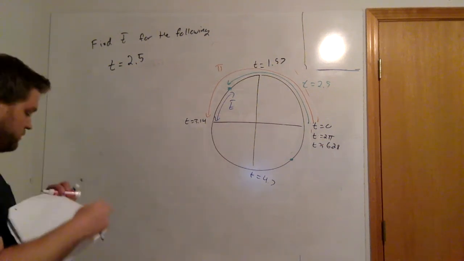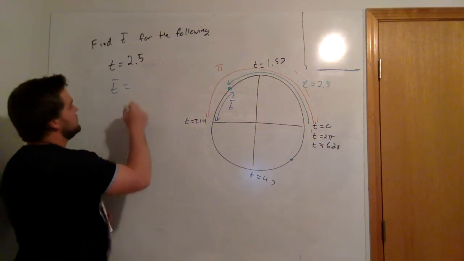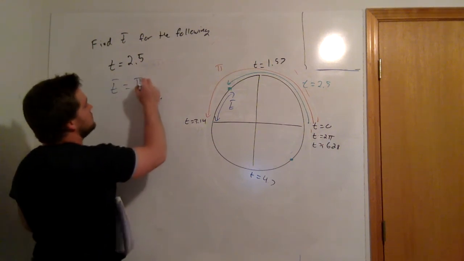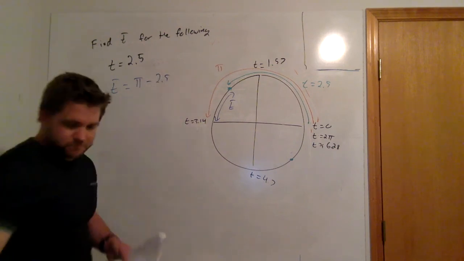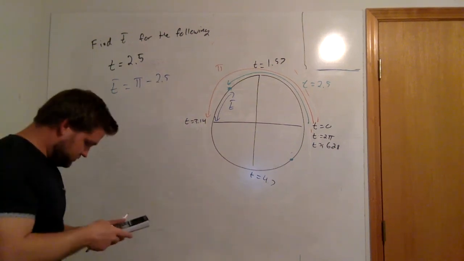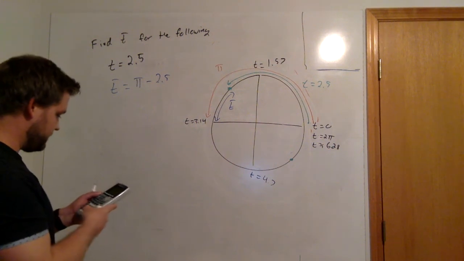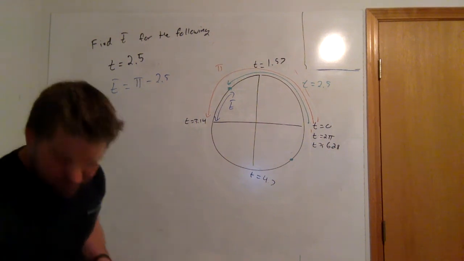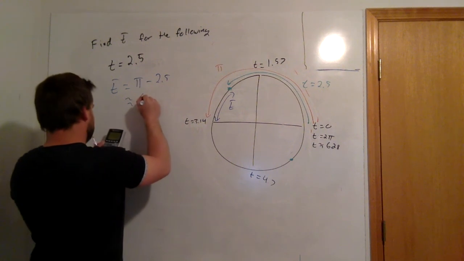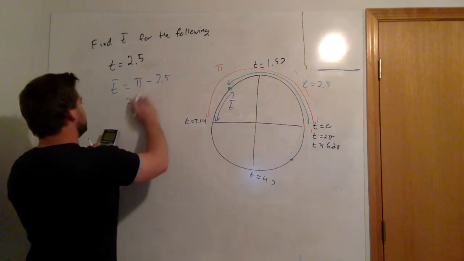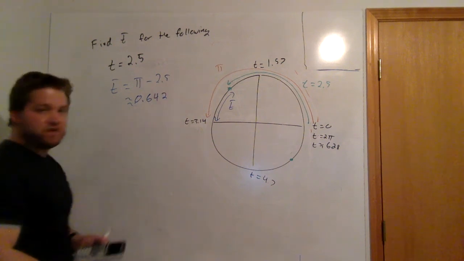So here, t-bar is going to be equal to pi minus 2.5. It looks like we'll get 0.642, rounding to 3 decimal places.